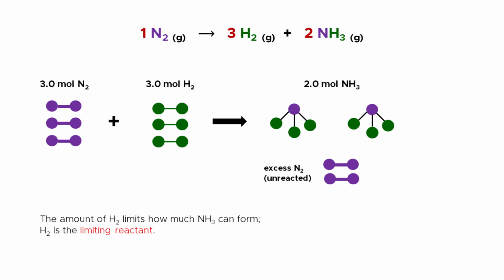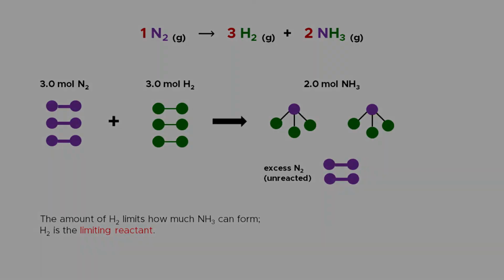And if we consider 3 moles of each reactant, we are limited to forming only 2 moles of NH3 because the hydrogen gets used up. It runs out first, whereas there is excess nitrogen. In this case, the hydrogen is the limiting reactant because it limits how much NH3 product can be formed. The theoretical yield is based on the amount of hydrogen.